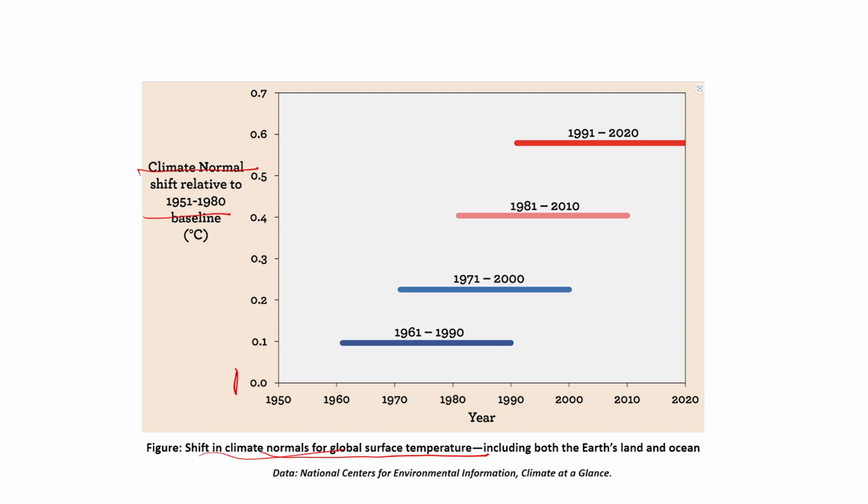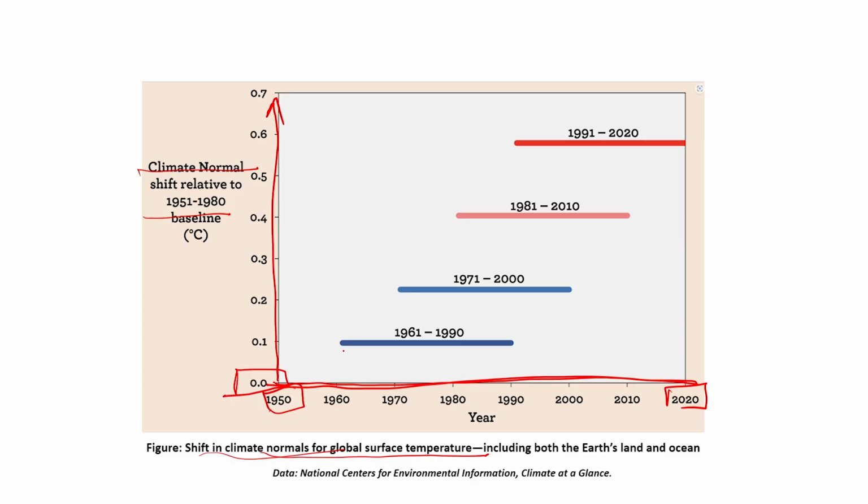The climatic normal for 1951 we have considered as the base. The x axis shows the years from the 1950s to 2020, and the y axis shows the shift in the climatic normal, how it has been changing.